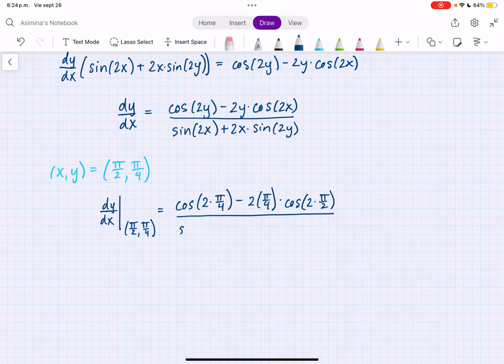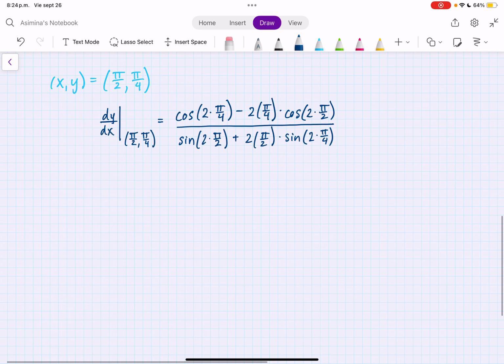This is all over sine of 2x, so that's 2 times pi over 2, plus 2 times x times sine of 2y.